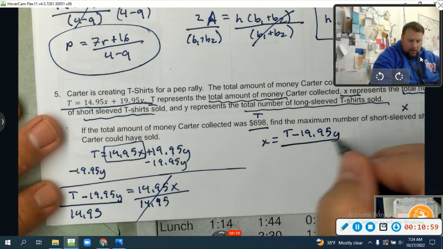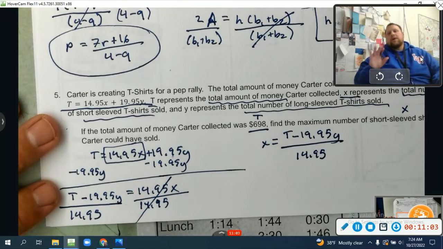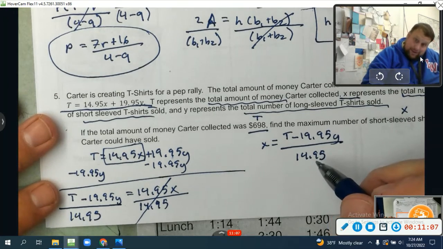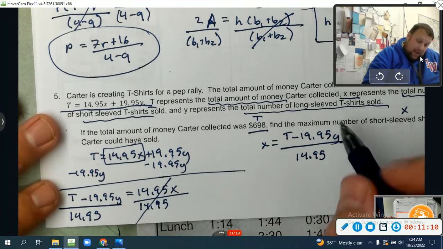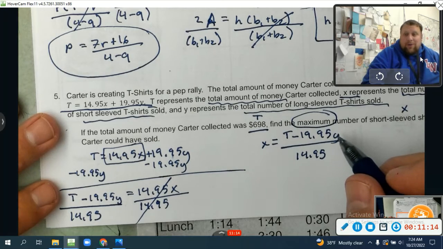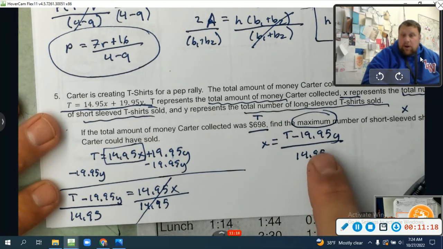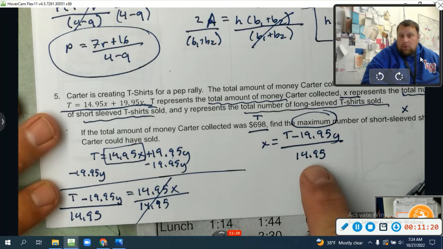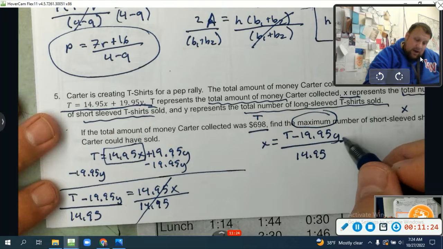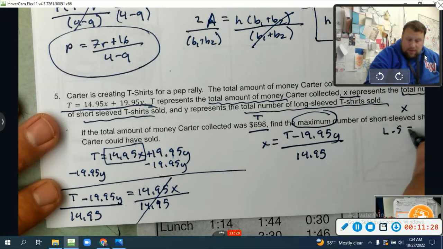And I get x equals t minus 19.95y all over 14.95. Now here's what I want to talk about, guys. Check this stuff out. If I want to find the maximum number of short sleeve t-shirts, that means I want to get rid of as many long sleeve as possible because long sleeve is more expensive. Therefore, for every long sleeve I buy, I could have bought one more of these, right? So I'm going to say, all right, I want my long sleeve shirts to be 0.